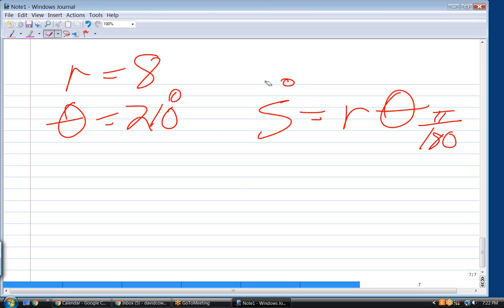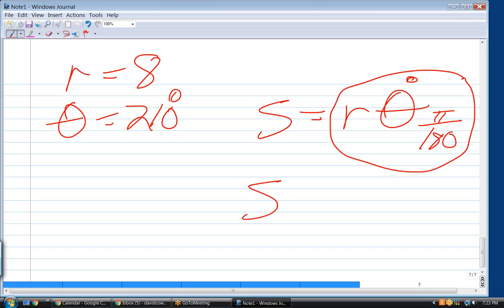You can think of it as being 2 different formulas. If it's in degrees, this is the formula. In fact, my book has 2 different formulas. One of them is this, the other is that, if it's in radians. It matters on the answer.